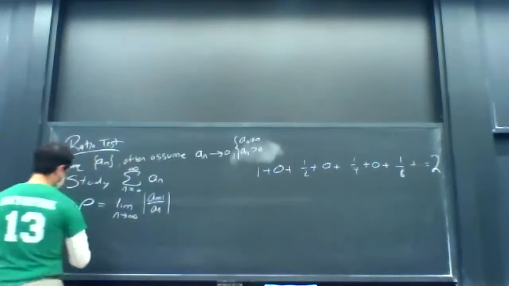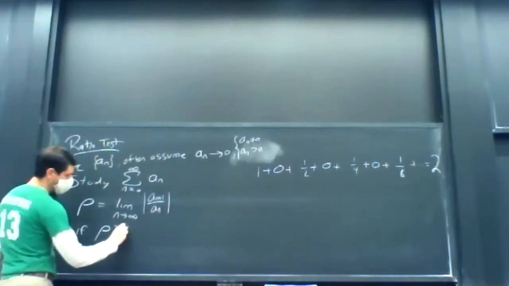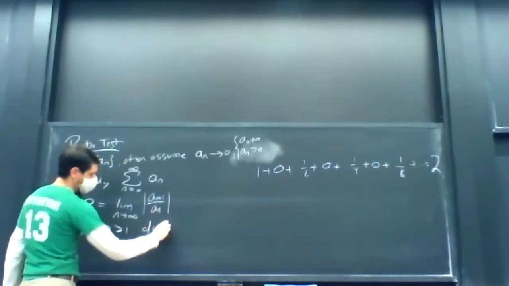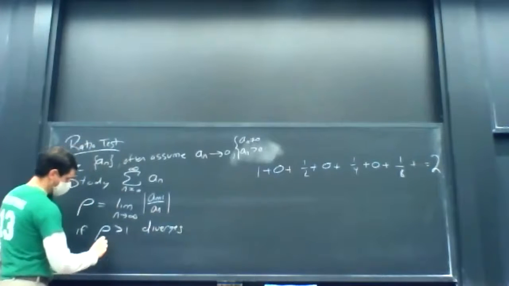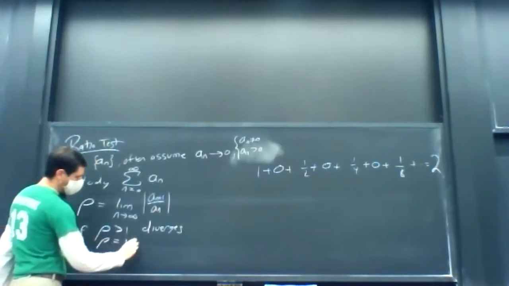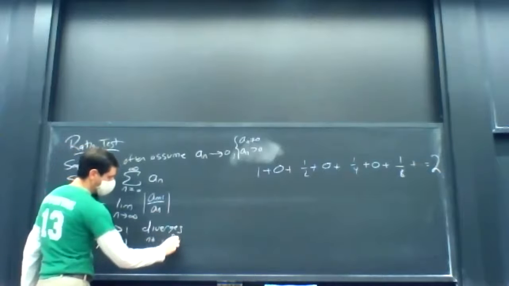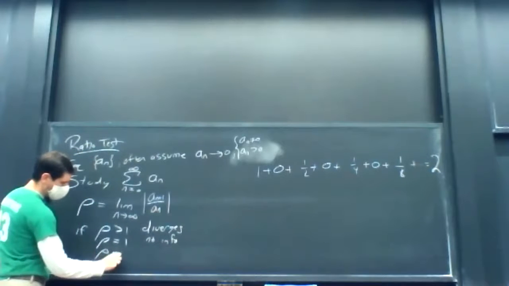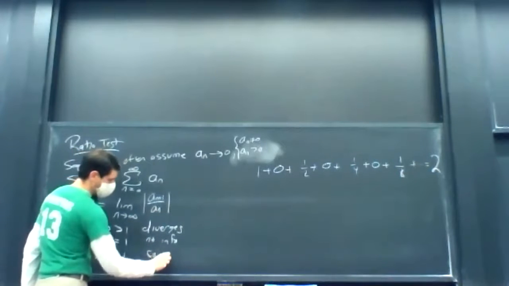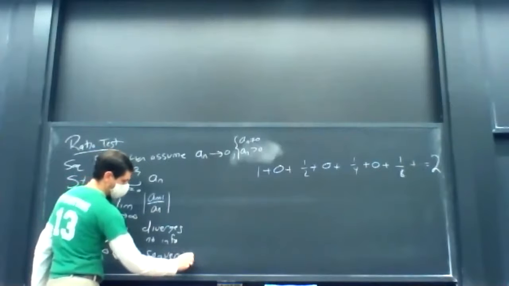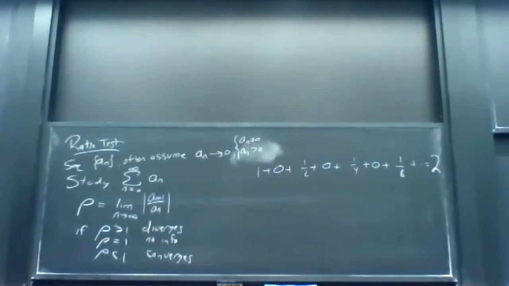So if rho is greater than 1, it diverges. If rho equals 1, no information. And if rho is less than 1, it converges. So this is the ratio test.